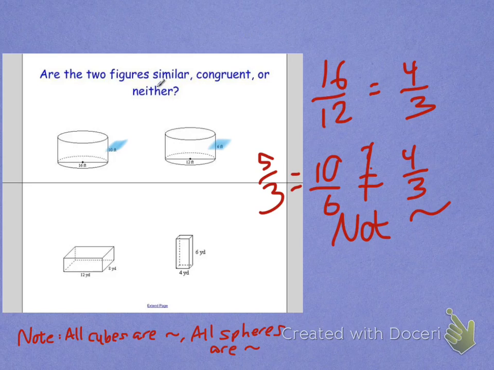And you can look down here as well. We have two rectangular prisms.